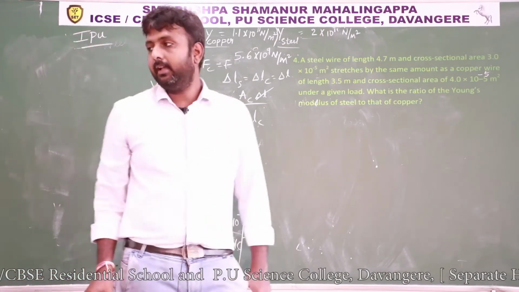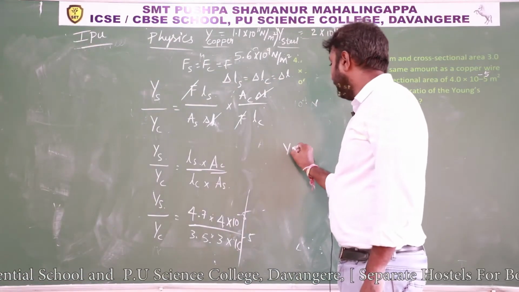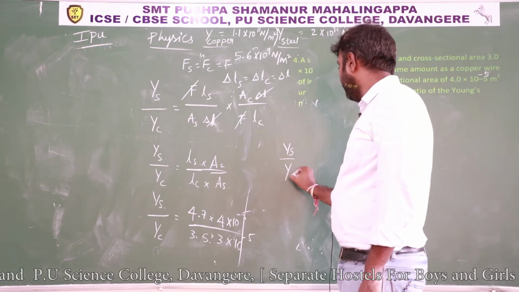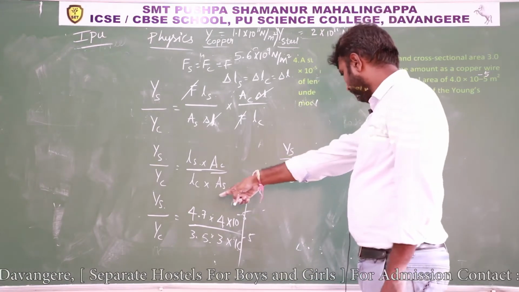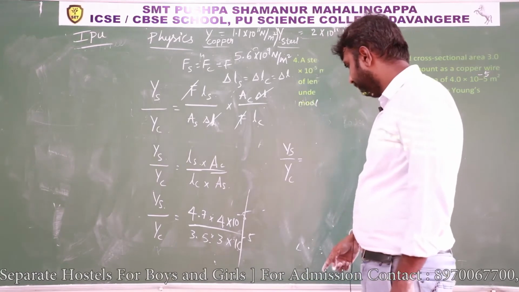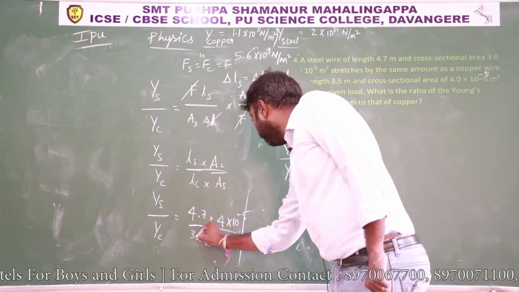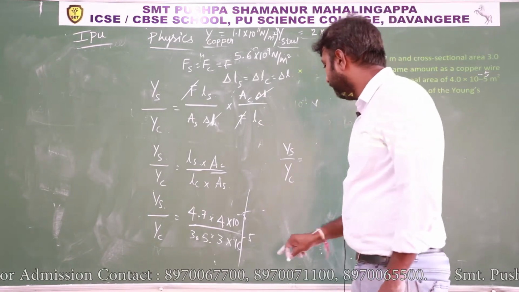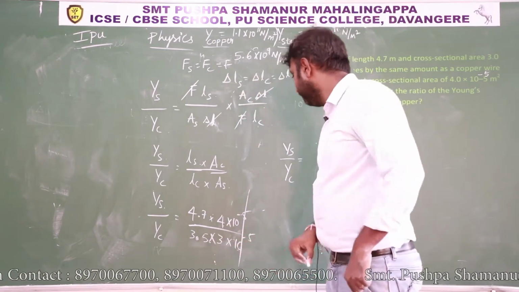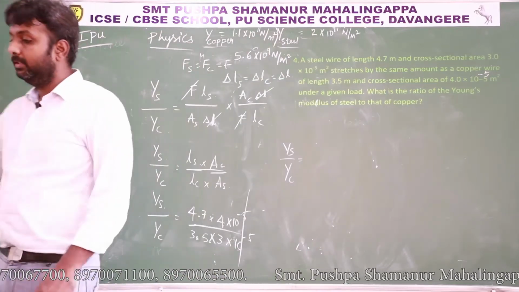So calculate the value of Ys by Yc. First find the value of 4.7 into 4 divided by 3.5 into 3. Okay, I'll check.